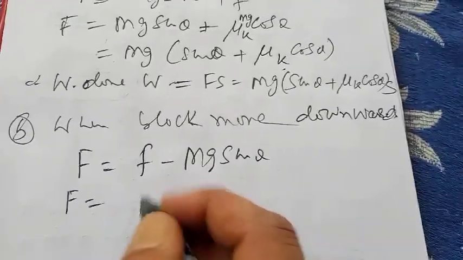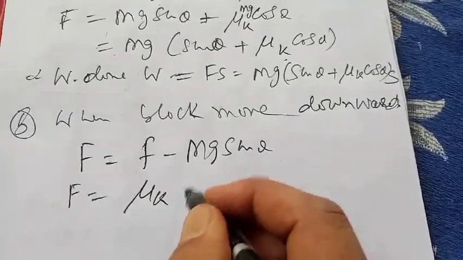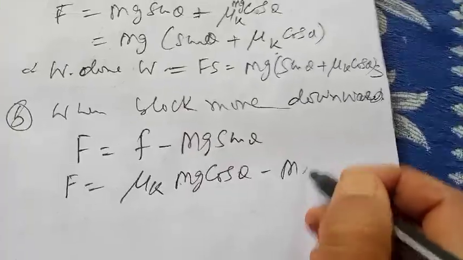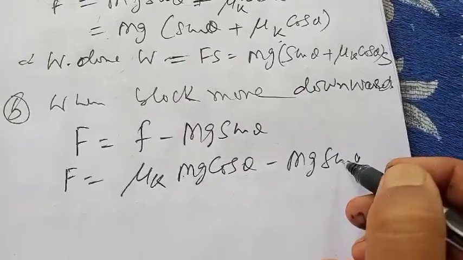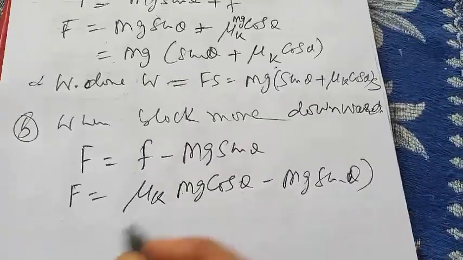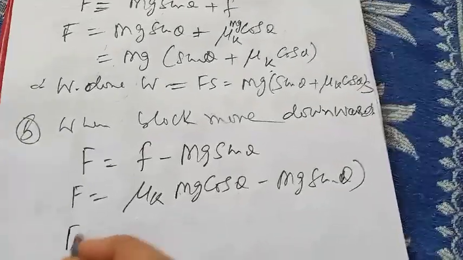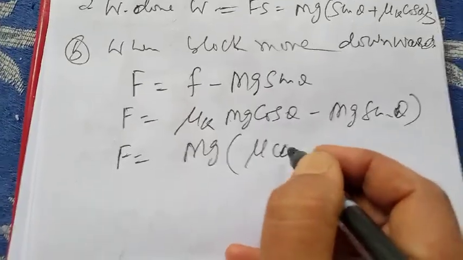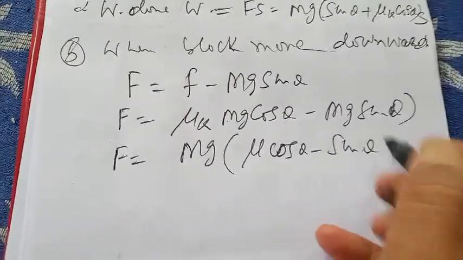So force F is equal to the force of friction minus mg sin theta, where the force of friction is mu k mg cos theta, or F is equal to mg times mu k cos theta minus sin theta.